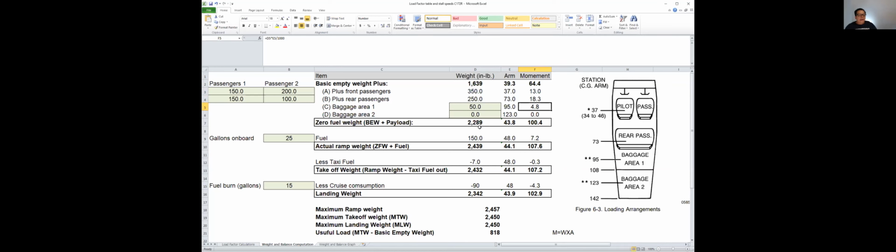So now we can add our total weight, 2,289, correction, our 100,400 divided by 2,289 gives us a zero fuel weight center of gravity of 43.8. But now we need to see if we add the fuel, correct? We already know from our previous example, we have 25 gallons multiplied by 6 gives us 150 pounds.